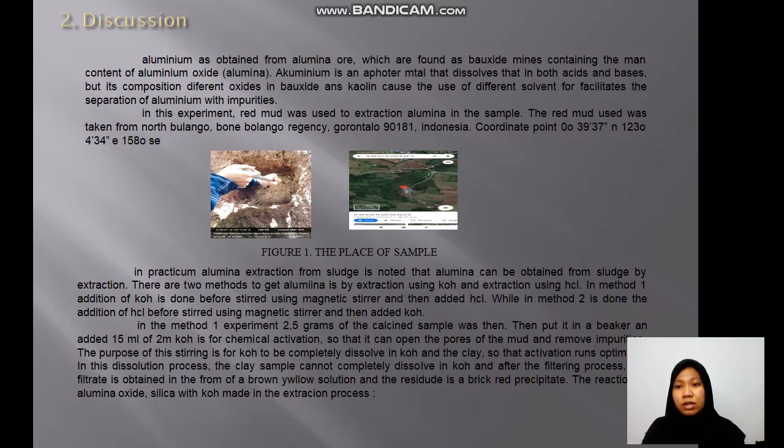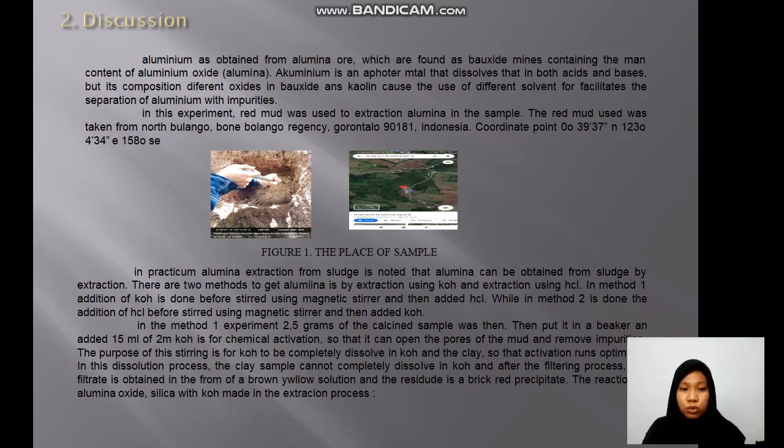The red mud used was taken from North Bulango, Bone Bolango Regency, Gorontalo, Indonesia. In the practicum, alumina extraction from sludge shows that alumina can be obtained by extraction.